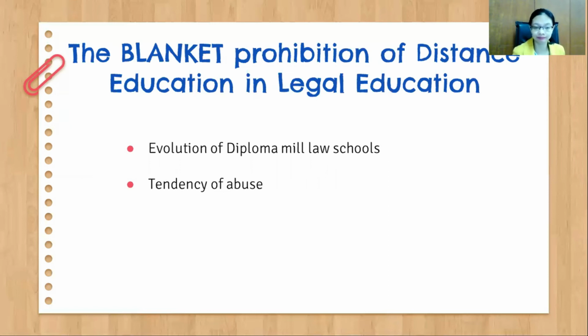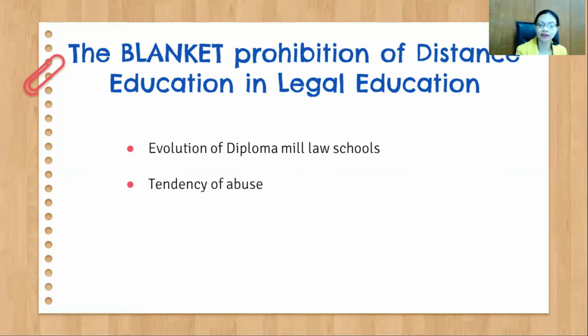There are law schools that still have very low performance ratings in the bar examinations. So that's why distance education is prohibited, because they could not really regulate the evolution of these diploma mills.